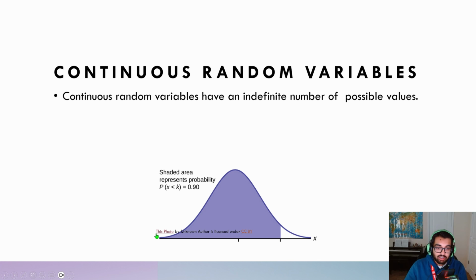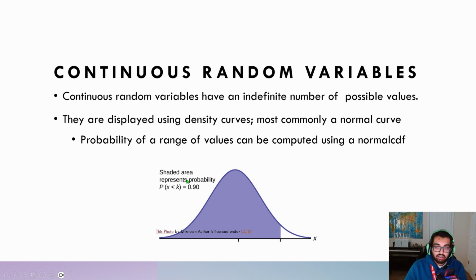And we can display these with something like a density curve. So this area under the curve is going to be the probability of something, and most normally it's going to be like a normal curve. So a normal distribution can be used for continuous random variables.